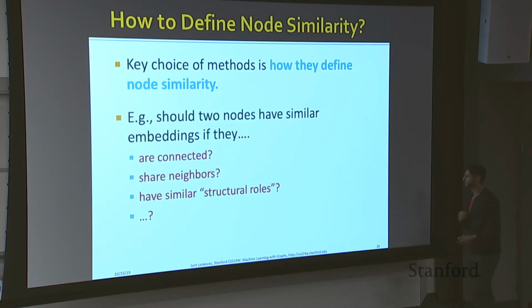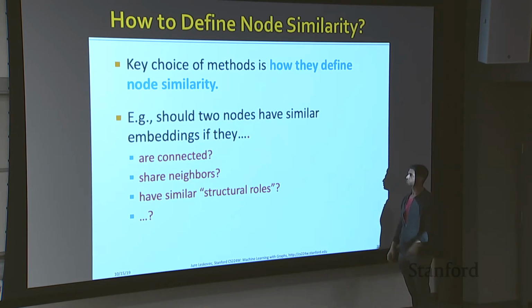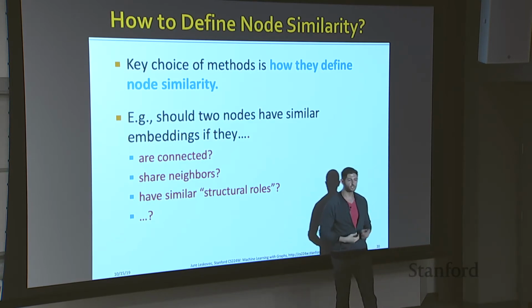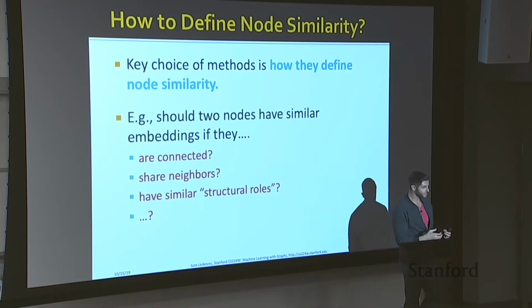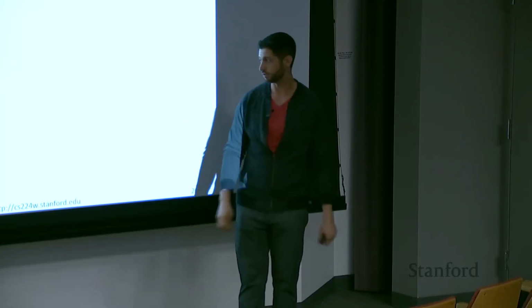Okay, so let's go back to the problem that we were mentioning before. How do we define our node similarity? These are some of the ideas that I was mentioning before. Two nodes should be similar in the embeddings if they are, for instance, connected. If they share neighbors, so for instance, you take their egonets and you find if they have a high intersection, like if the Jaccard similarity of the egonets of two nodes is very high.